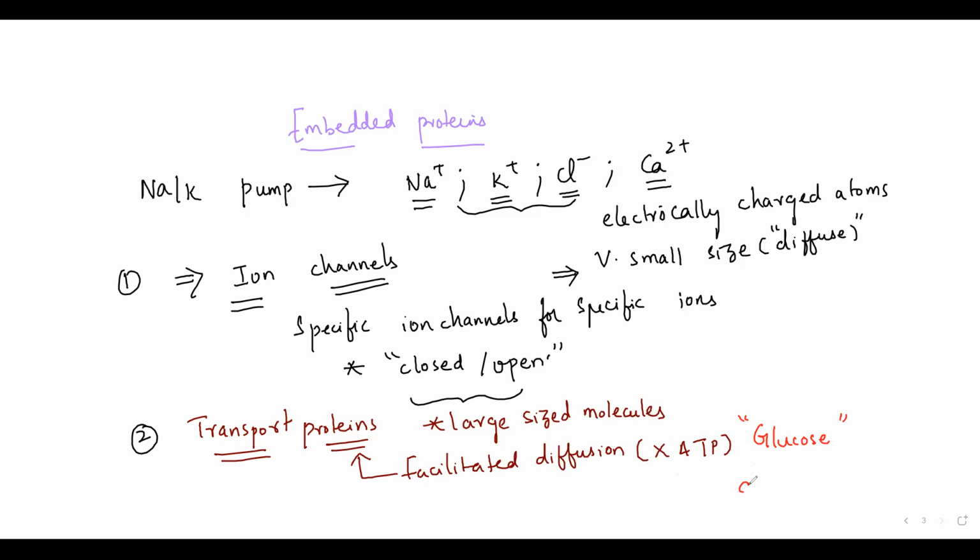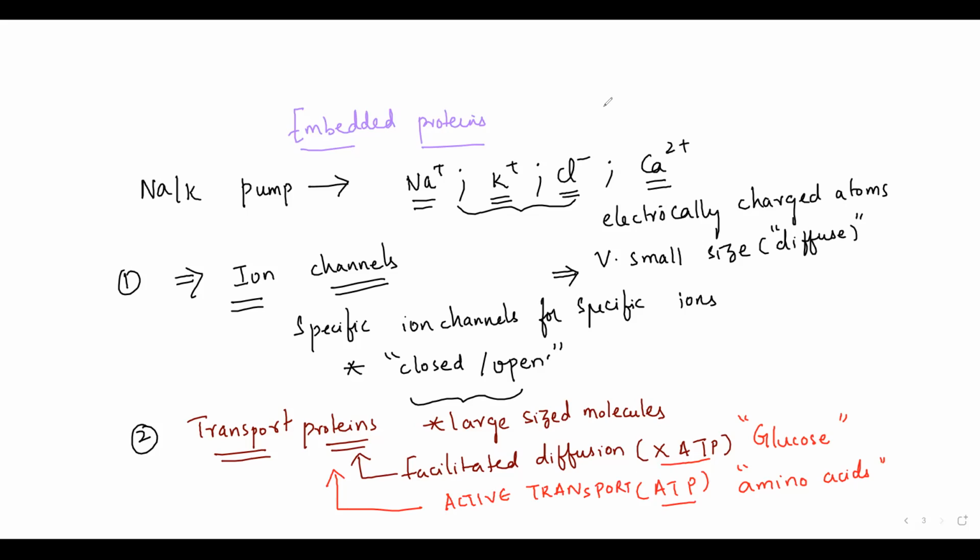But children, in order to transport amino acids, we need to invest ATP molecules using the transport proteins only. So we call this active transport, very different from facilitated diffusion, because in facilitated diffusion there is no usage of ATP, while in the transport of amino acids we require ATP.